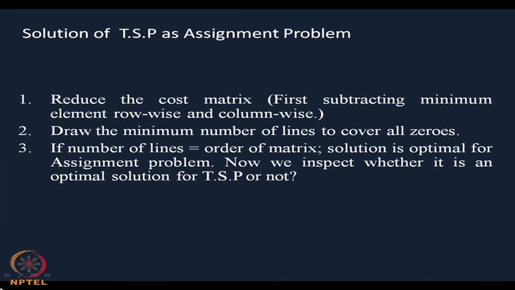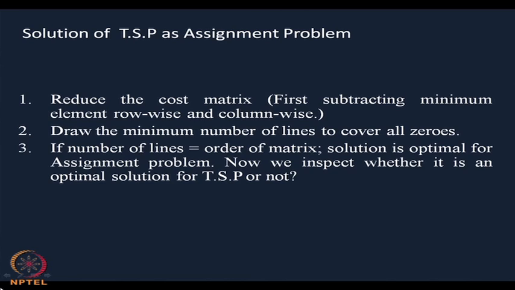So, we have formulated the cost matrix. Now, if I draw the minimum number of lines to cover all zeros or not. Now, if the number of lines is equal to the order of the matrix, then the solution is optimal for the assignment problem. So, if it is not, in that case, I have to first find out what is the optimal solution of the assignment problem.